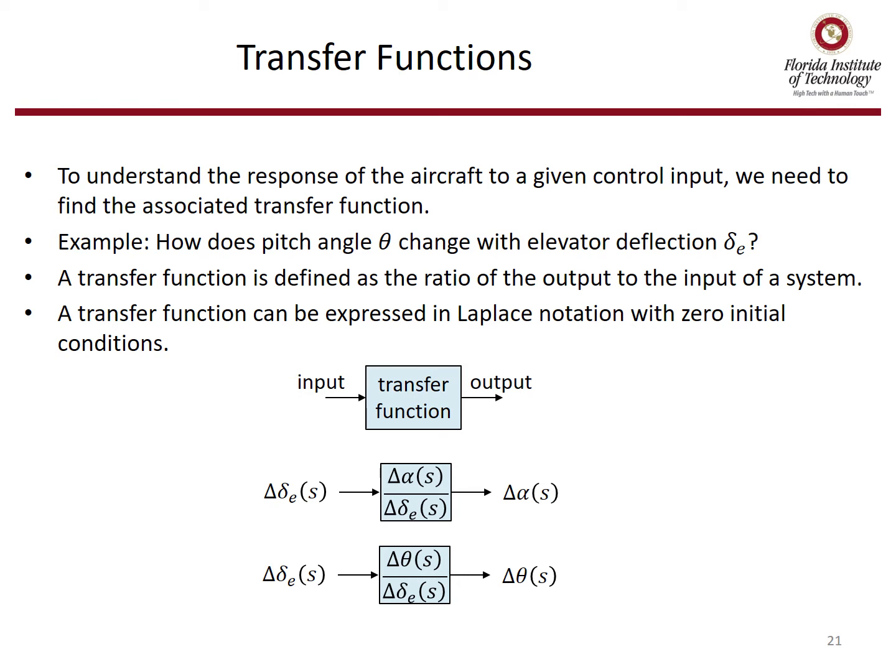The transfer function is given in a block, and the input is an arrow going into the block, the output is an arrow coming out of the block. But the block itself is the transfer function. And we show some examples. There's a transfer function for delta alpha over delta E, and there's a transfer function for delta theta over delta E.